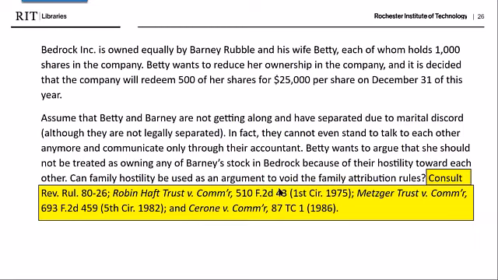Usually that's a volume number or page number, but you're not looking at these in print. You just need that to get the item to pull up. And then we can tell it was from 1975, followed by Metzger. The semicolons are cluing you in that it's a new citation. So we've got 3 cases and 1 revenue ruling that we can work with.